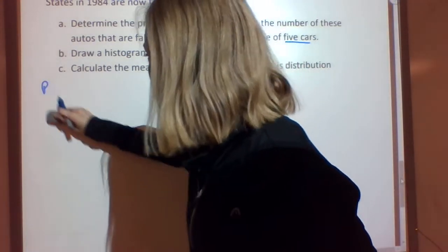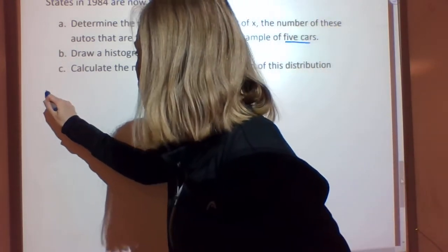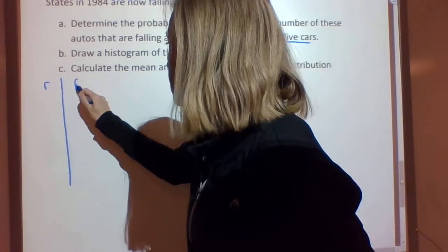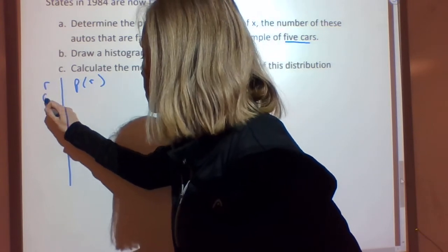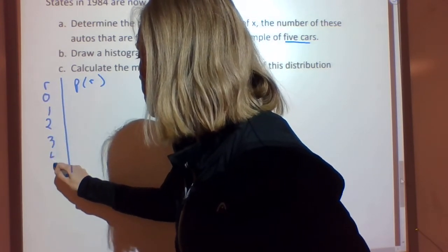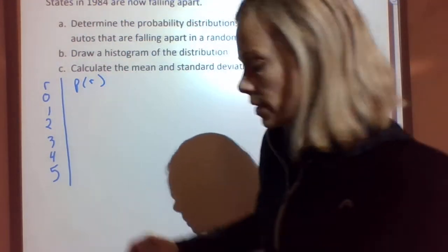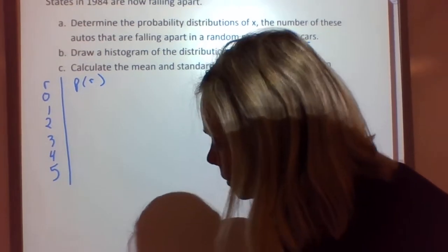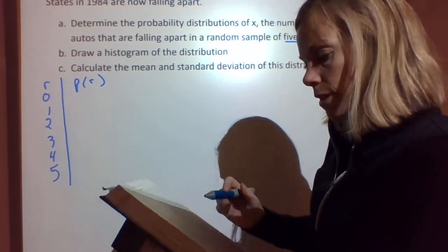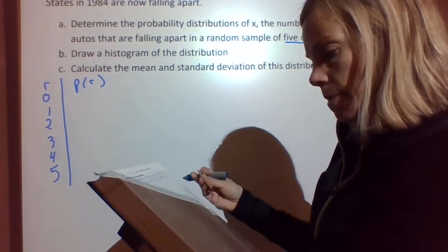My r and my probability, 0, 1, 2, 3, 4, 5. Probability, 75%. But I only have 5 cars, so 75% with 5.